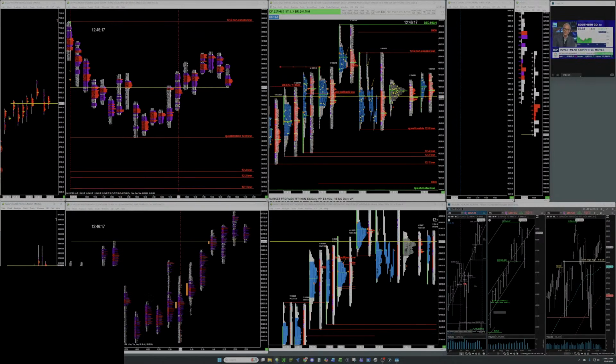These markets are actually targeting these accumulations of volume that happen throughout the day.